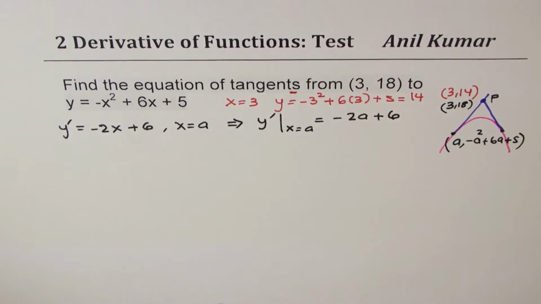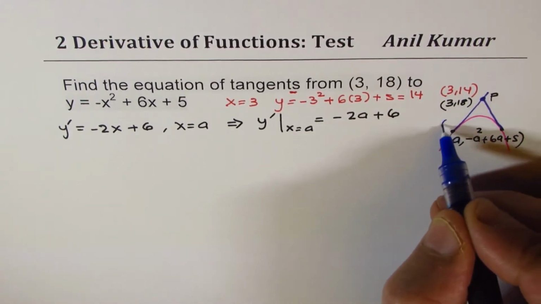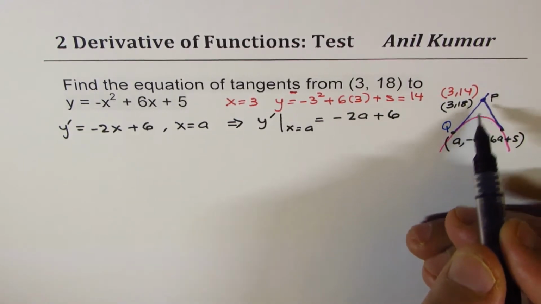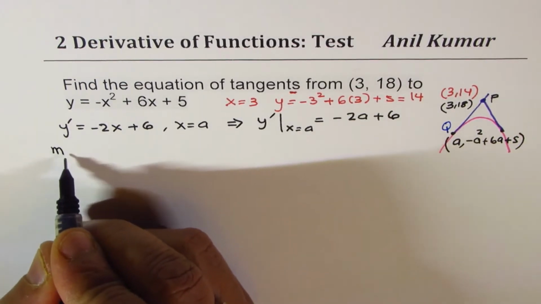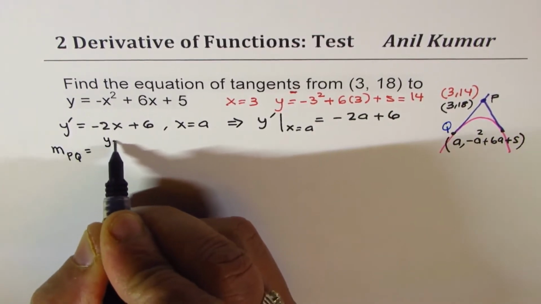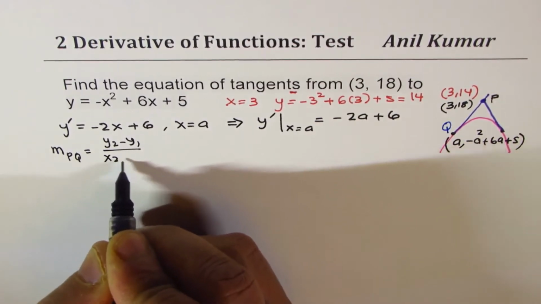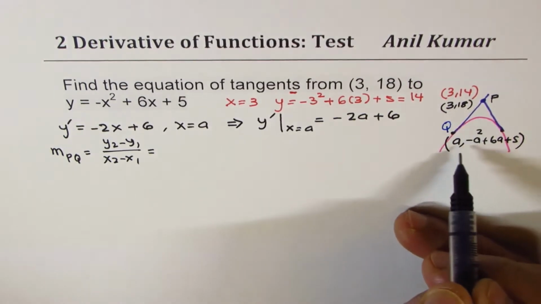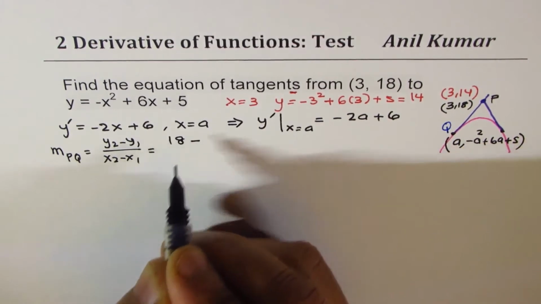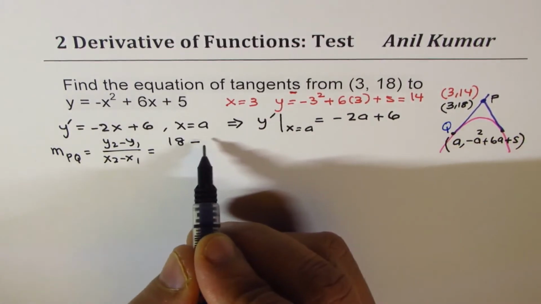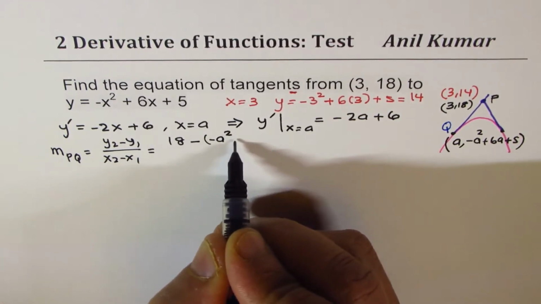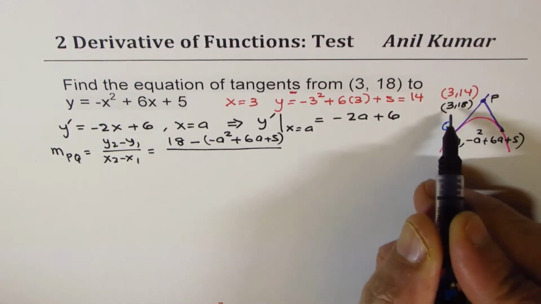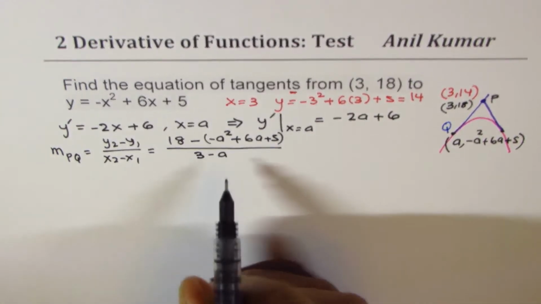If I call the other point, this is my P, 3, 18, and that's my point Q, which is on the parabola, in that case, what is the slope of PQ? Let's find the slope of PQ with the formula y2 minus y1 over x2 minus x1. y2 minus y1, we can say 18 minus all this, which is minus a square plus 6a plus 5, divided by 3 minus a, correct?